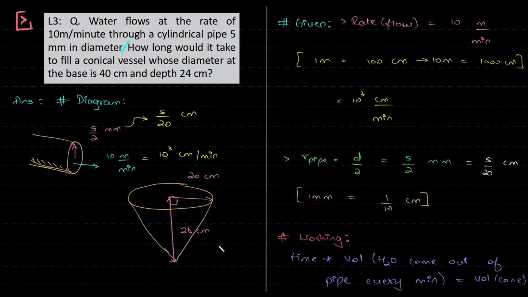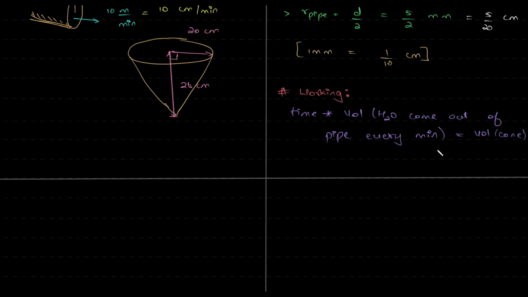Right? That's the whole idea, is it not? So again, remember, we are talking about water that's coming out every minute, or we can just say water that's coming out of the pipe.